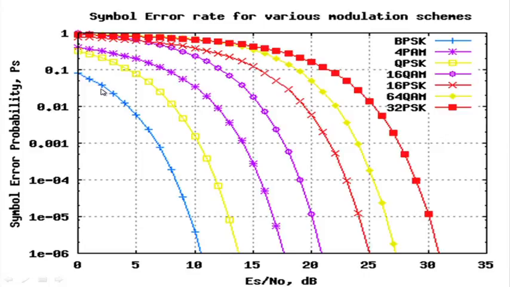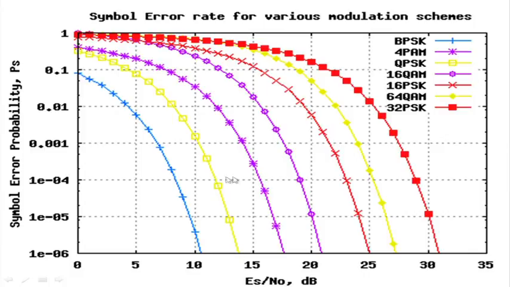You are aware of this curve, that is ES by N naught versus symbol error rate, or EB by N naught versus BER. For different types of modulation, say BPSK to higher order PSK, this is taken from a paper showing BPSK, QPSK, 16 QAM, 16 PSK, etc. You can see for a particular BER, when you go for higher order PSK, you need higher ES by N naught.